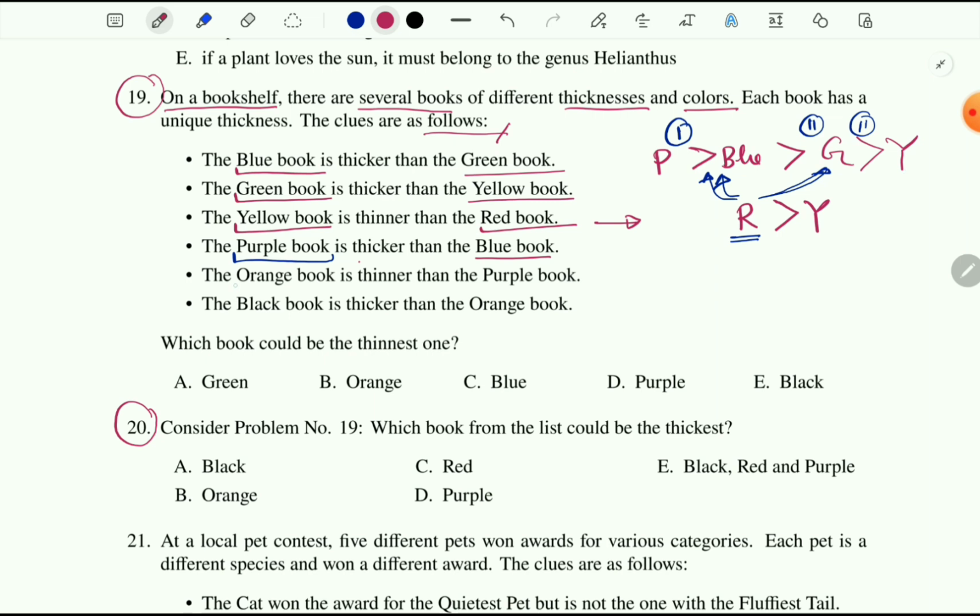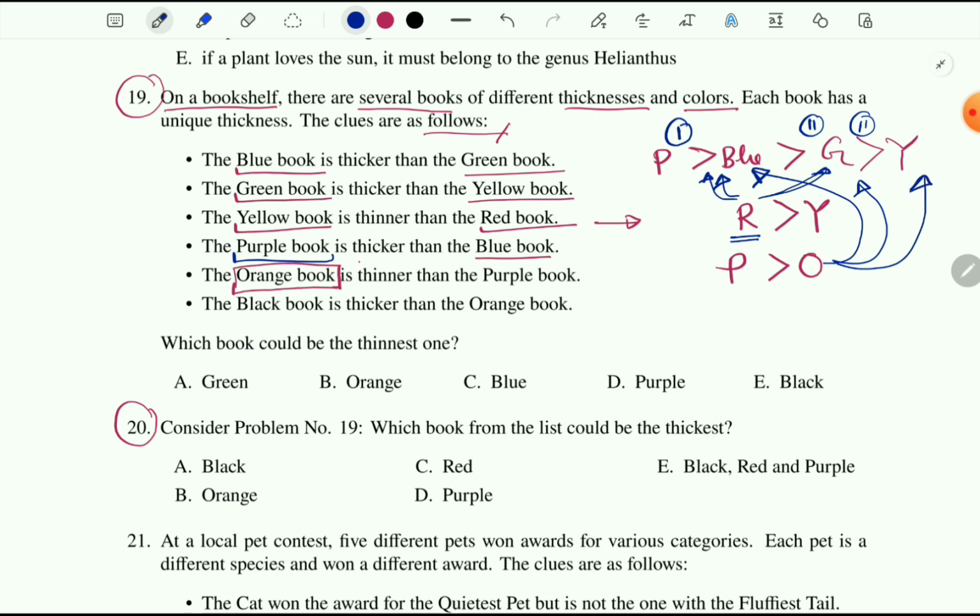Our next clue is the orange book is thinner than the purple book. So with another new book here, we write orange, which is thinner than purple. Once again, we do not know the relationship between orange and blue, orange and green, or orange and yellow.